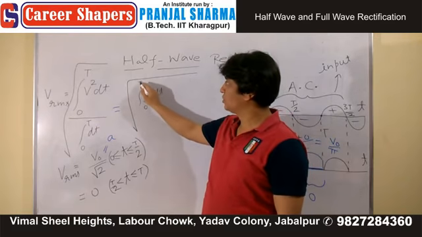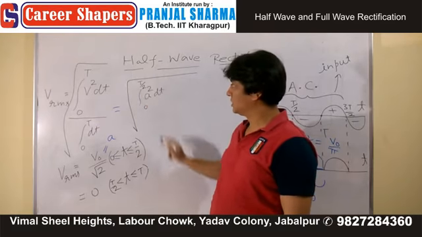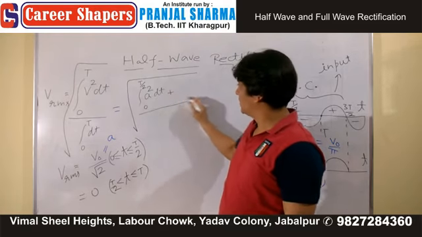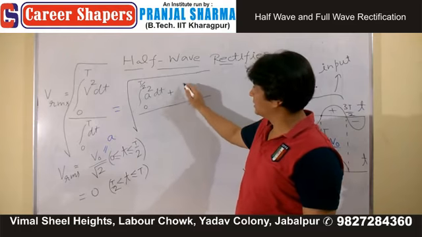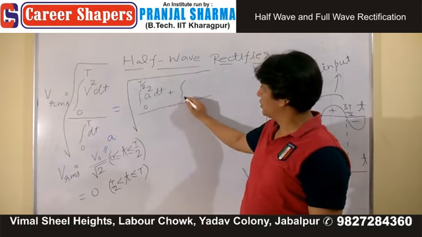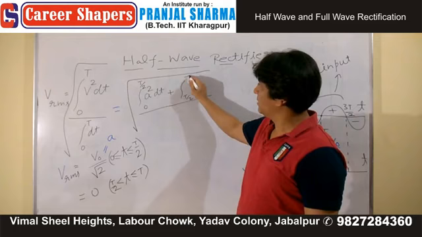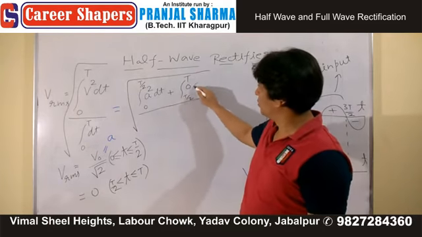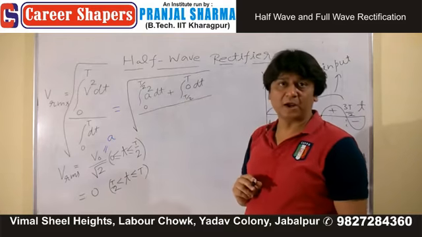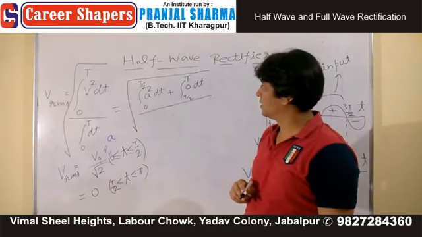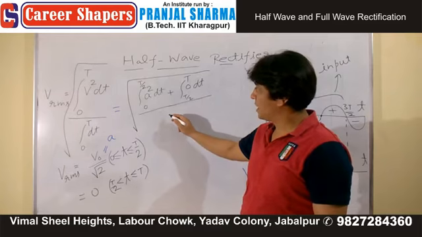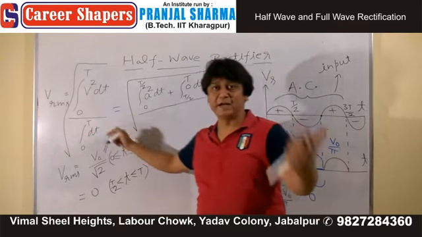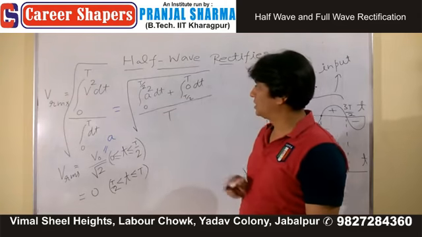This is from 0 to T by 2, plus the whole thing from T by 2 to capital T, where things are 0 multiplied by dt, divided by dt, complete dt, its integration will be T.